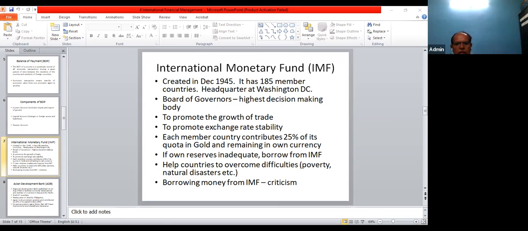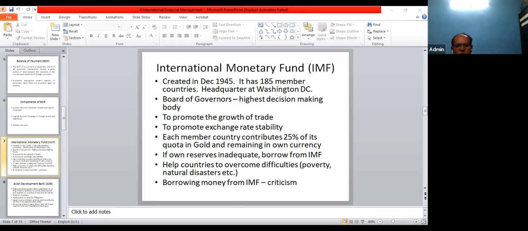And then another objective is to help countries overcome difficulties. Now, what are the difficulties? Like poverty, natural disasters, like floods or maybe earthquakes.